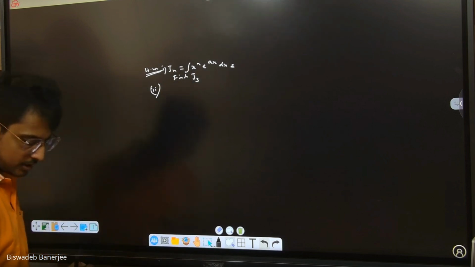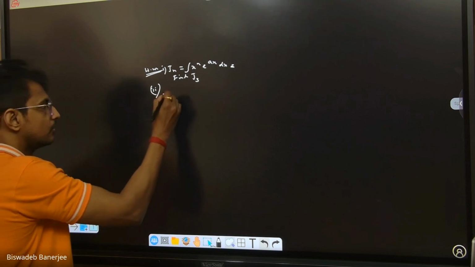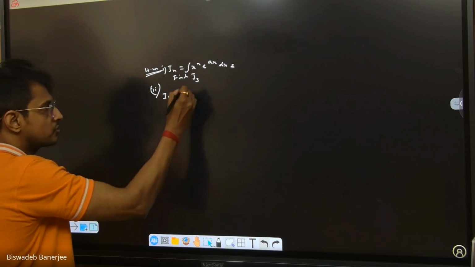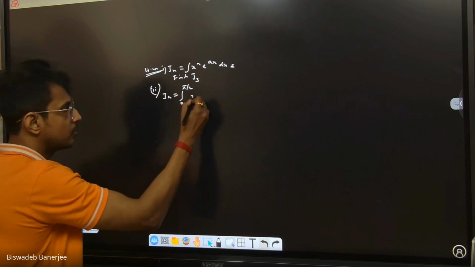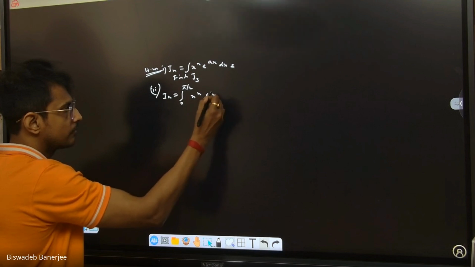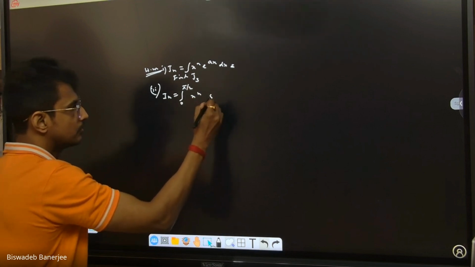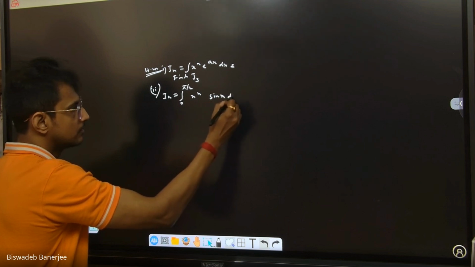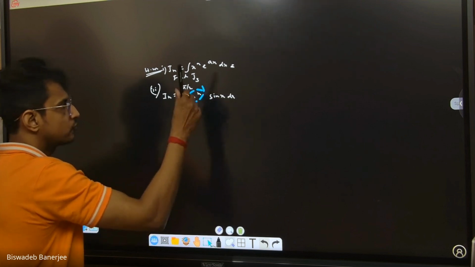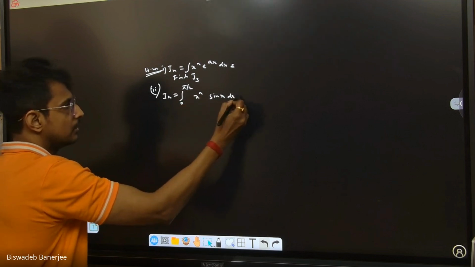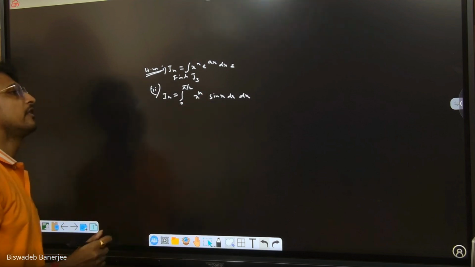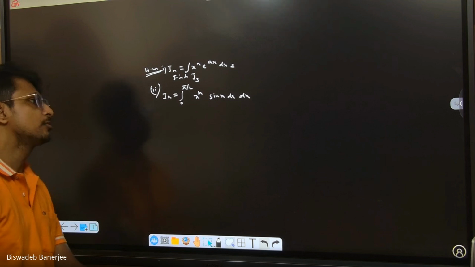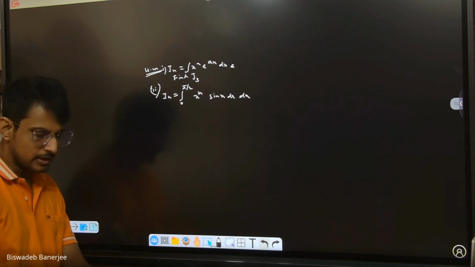The second homework is, let In equal to integration 0 to pi by 2 x to the power n into sine x dx. We are given In equal to integration 0 to pi by 2 x to the power n into sine x dx.